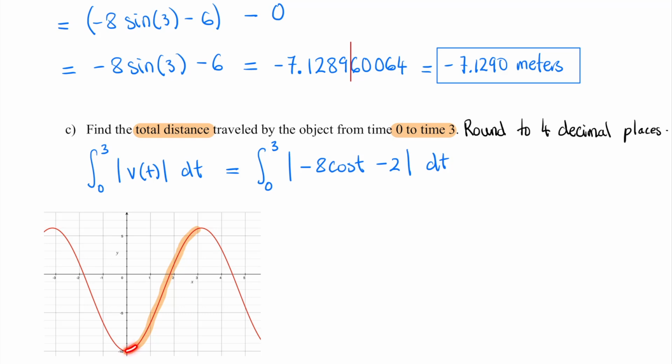From 0 to here, the velocity is negative. And from here to 3, the velocity is positive. So we want to know where this is. So first, we set v of t equal to 0 and solve for t.